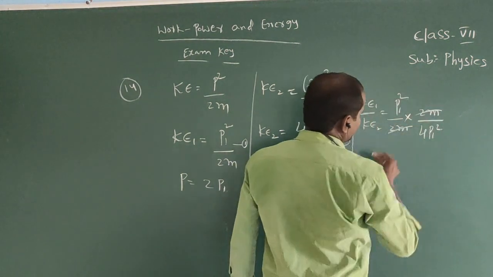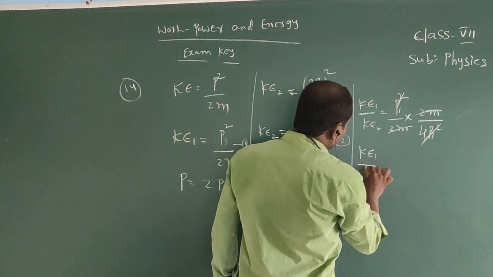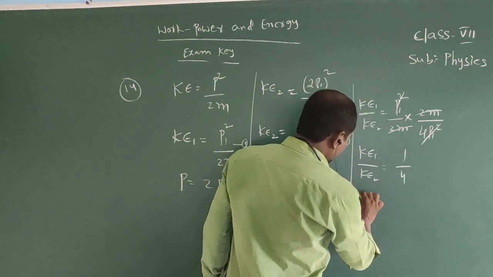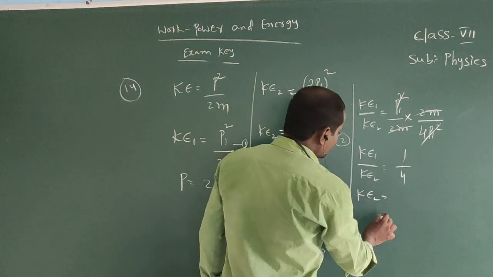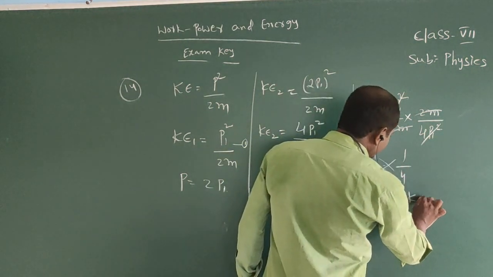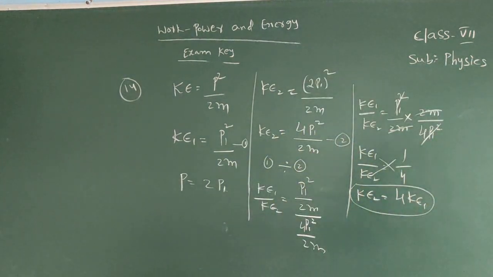Here 2m gets cancelled, P1 square gets cancelled. Ke1 by Ke2 equal to 1 by 4. Therefore Ke2 equal to 4 Ke1.